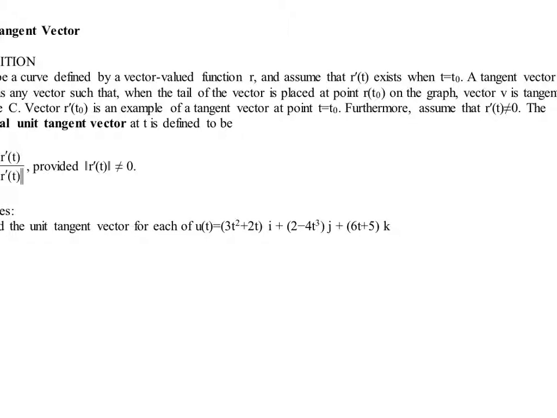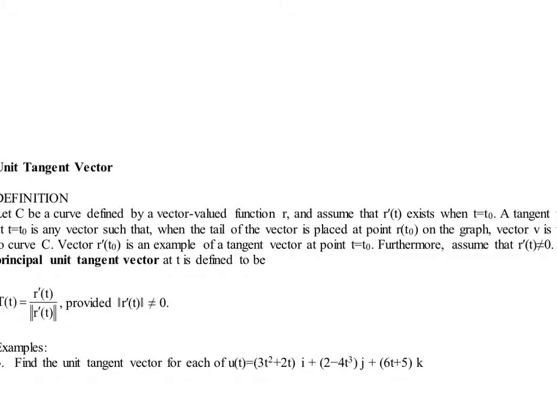But specifically as a tangent. So what would a tangent represent? A tangent vector is any vector such that when the tail of the vector is placed at a particular point on the graph, vector v is tangent to the curve C. So you have a curve, and a vector whose tail is on that curve, shooting off into space.